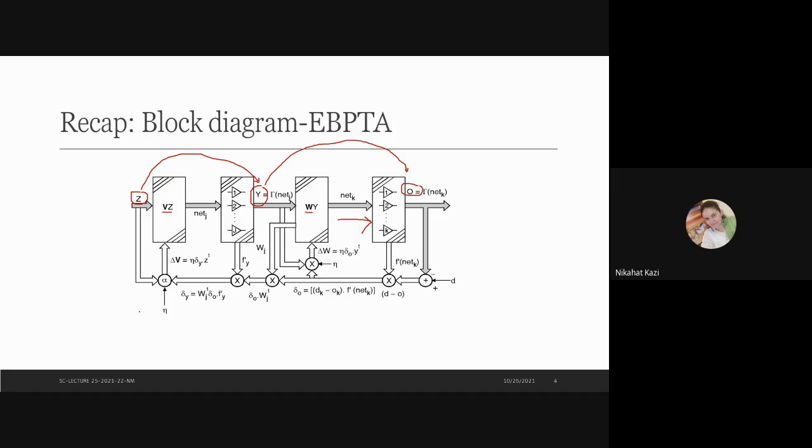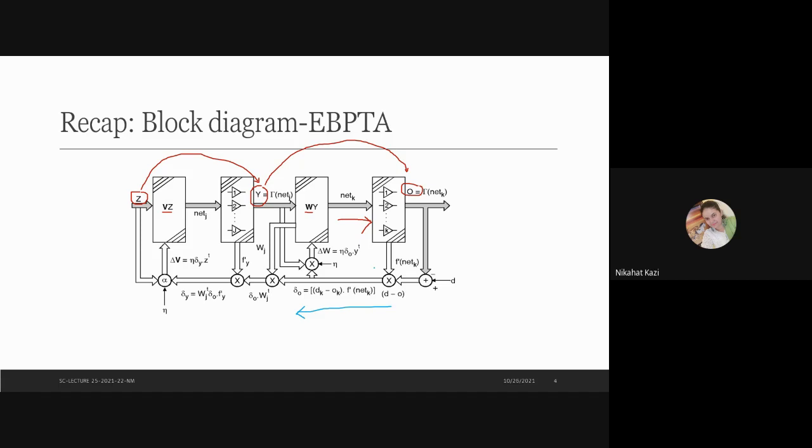After this, you compute the error signals in the backward direction. So the second phase goes in the backward direction, where you compute the error signals. You make use of the delta learning rule, because error signals are nothing but the adjustment of the weights.